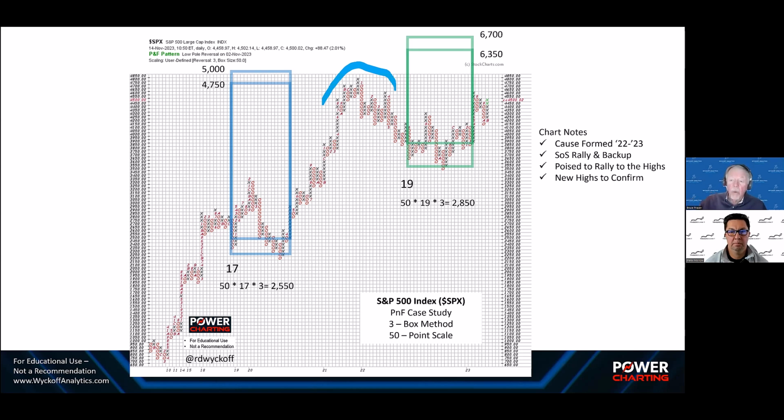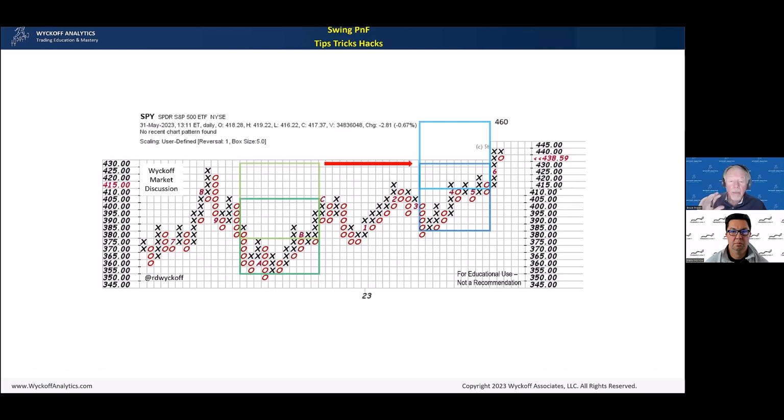So I fully expect, and I'll show you why in a minute, that we're going to pause in here at some point and build more cause in a reaccumulation count to get to higher objectives, if at all. We have to be willing to let the tape tell us where the market wants to go.